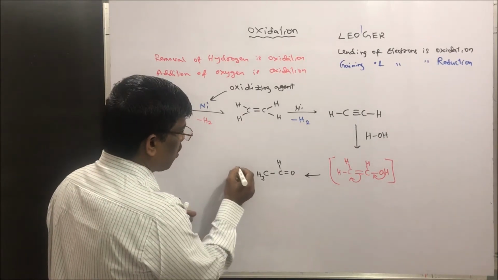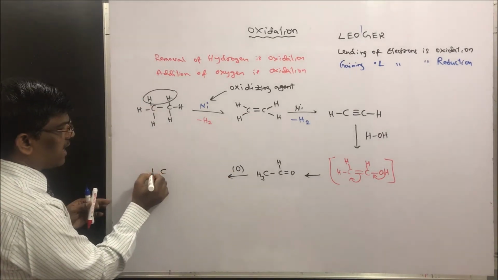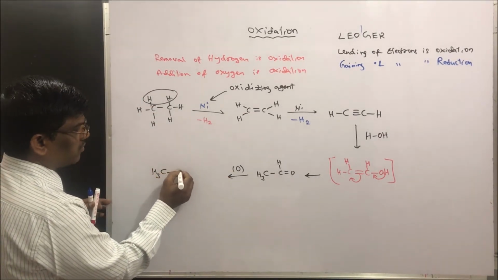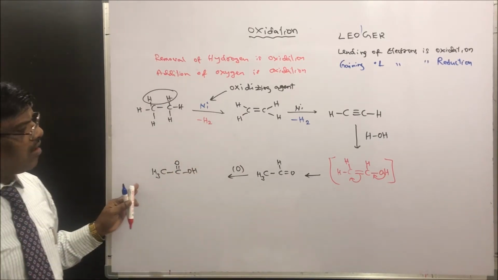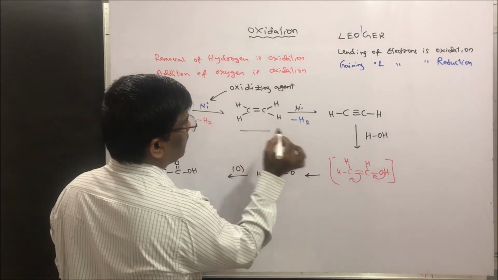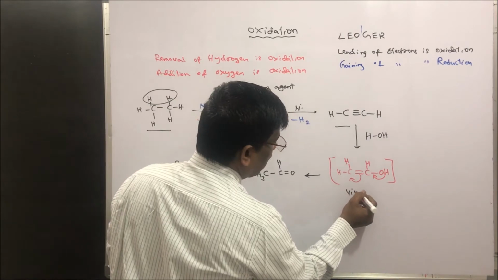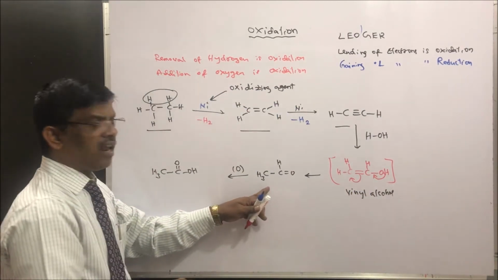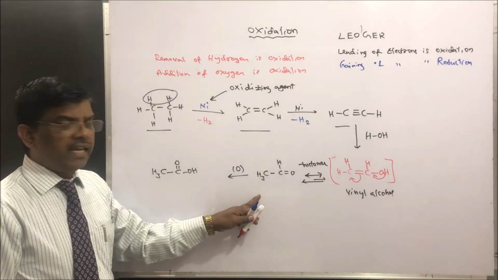This, upon further oxidation, is going to give acetic acid. So these are all the oxidation reactions: ethane to ethylene, ethylene to acetylene, acetylene to vinyl alcohol, and this vinyl alcohol is nothing but the tautomer of acetaldehyde.